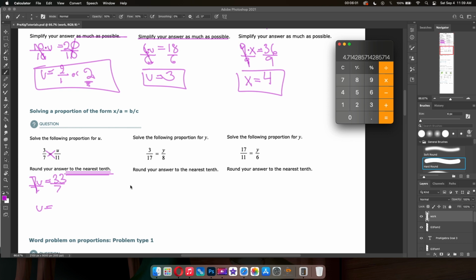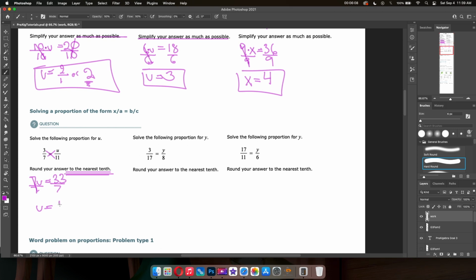Now, over here in the directions, you'll see it says round to the nearest tenth. So 4.714. Tenth, if you remember, is your first decimal place. So that's the number I'm going to be inputting. The number next to it is called my decision maker.